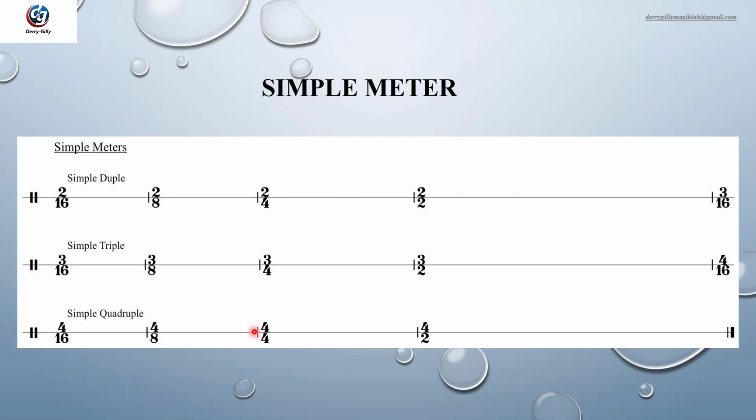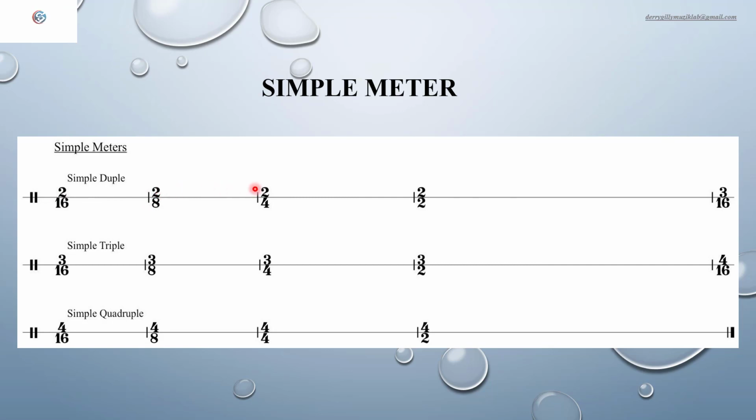So the time signature 2/4 has two quarter notes grouped together, and therefore we label it as simple duple. So we can say that the very first one is a simple duple time.